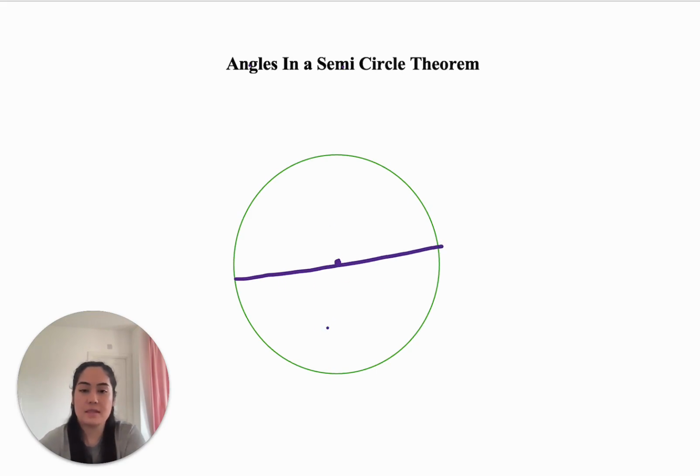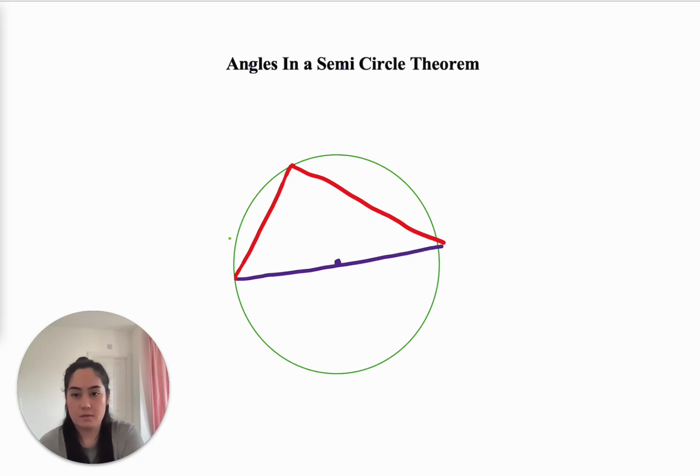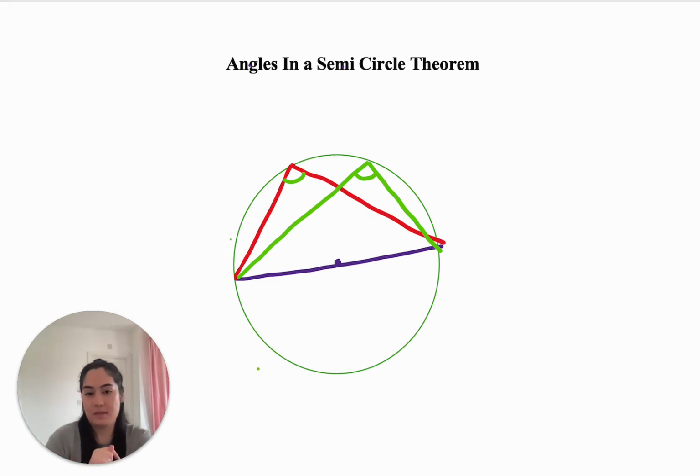Now, if we draw the diameter, again, might be doing it a bit rough, but if this is the diameter, we know the angles in the same segment will always be the same as each other. So if we were to draw angles, let's say we go here, this one, and if we were to draw another one, these two angles will be the same as each other.